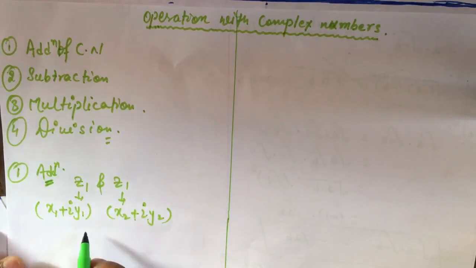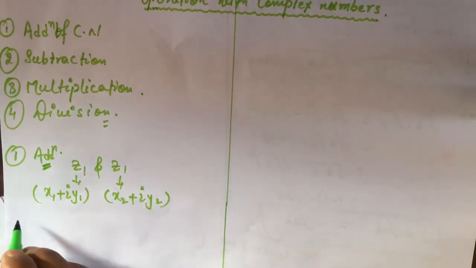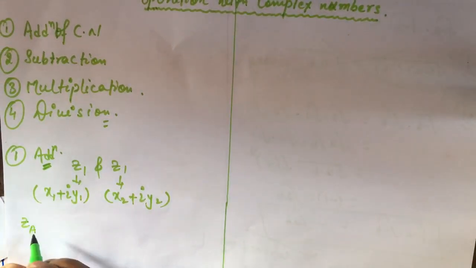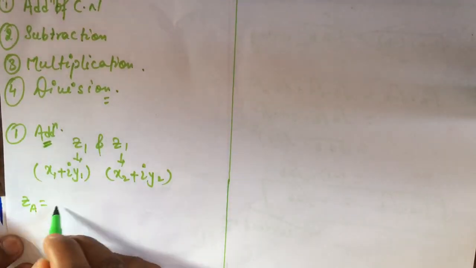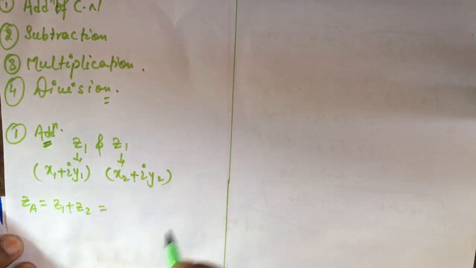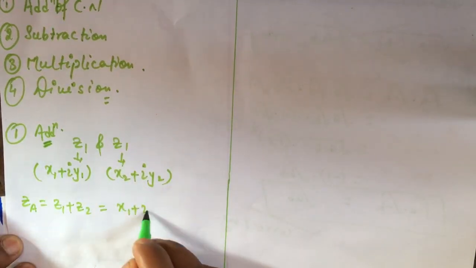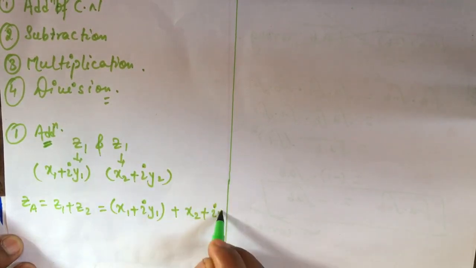Adding the two, we will get another new complex number, let us suppose we call it za. A suffix a is for addition of the two. So now za is equal to z1 plus z2. Put z1 and z2 in the same order: x1 plus iy1 plus x2 plus iy2.